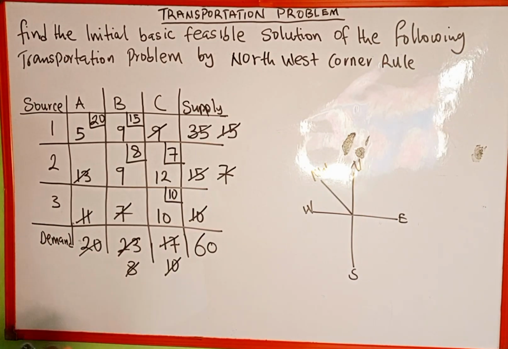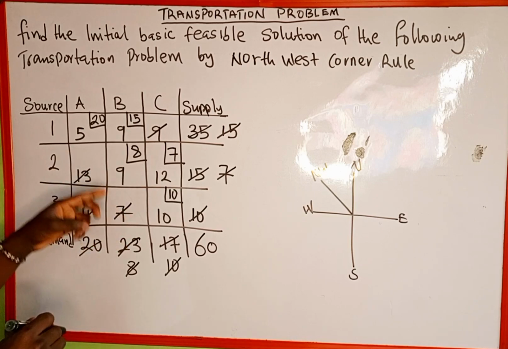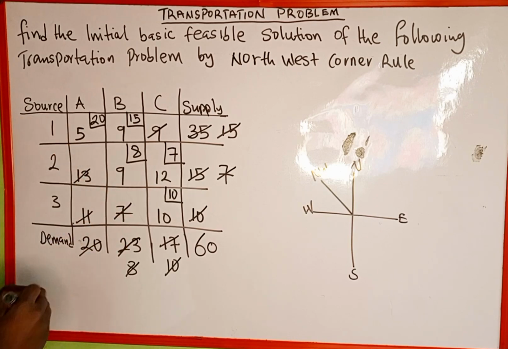Now to get the transportation cost, we are going to multiply every place where we allocated a value with the initial value.